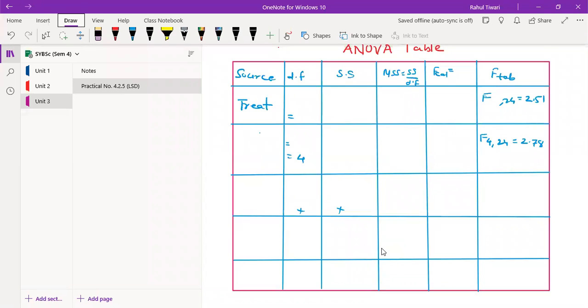And I think this is not 24. Yeah, it is 24. So this is going to be the same. This is 4 comma 24.